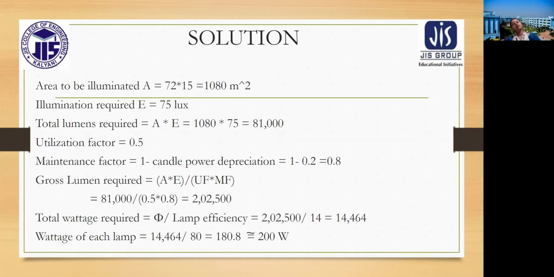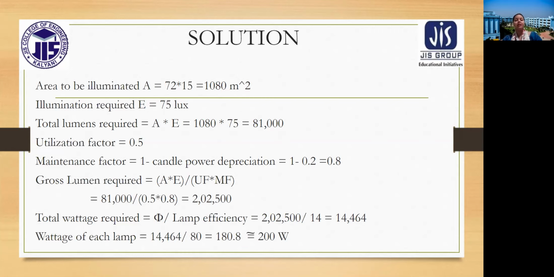Now in this total video, for this kind of problem, first you have to remember the formula of the lumen method, that is the first thing, right? Like N equals A into E divided by UF into MF. Next, you have to keep in mind the steps to find out the different lumen calculations.